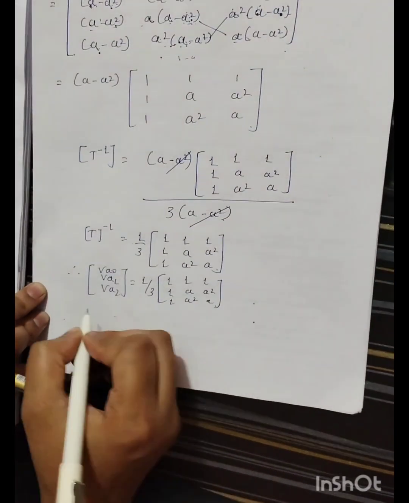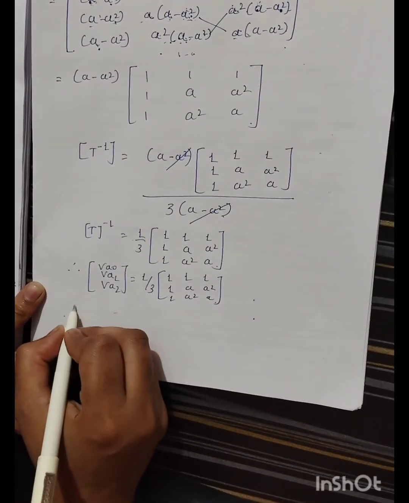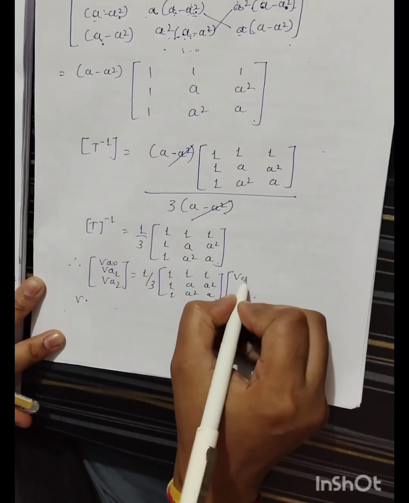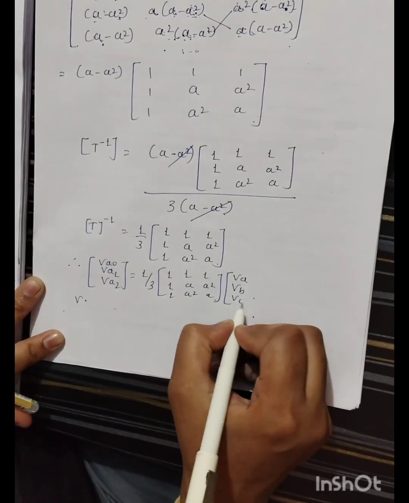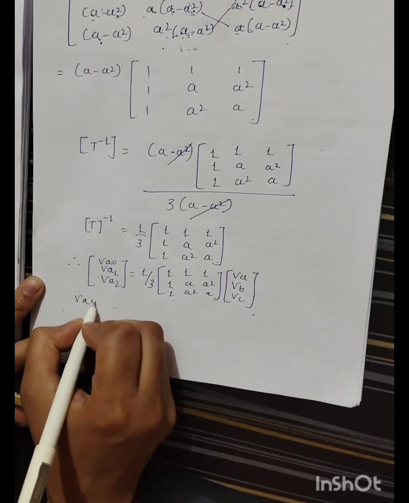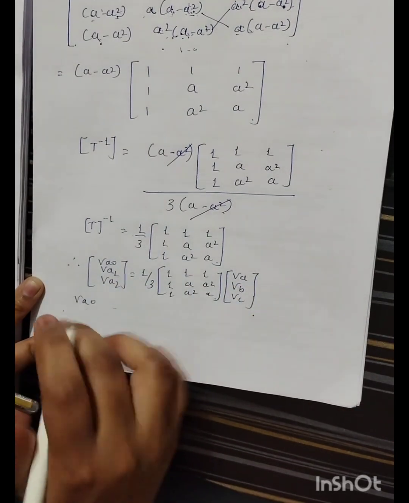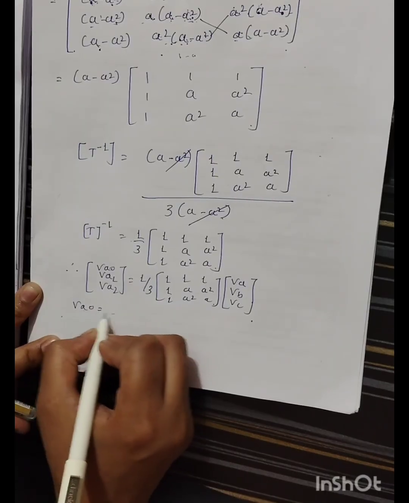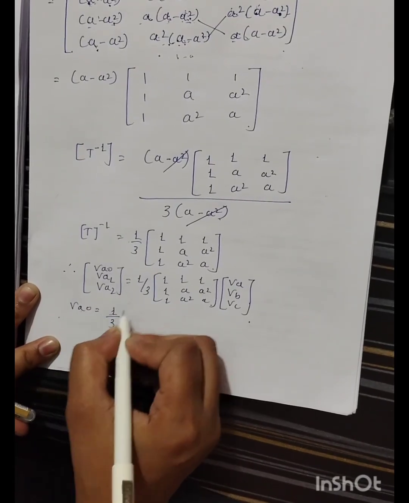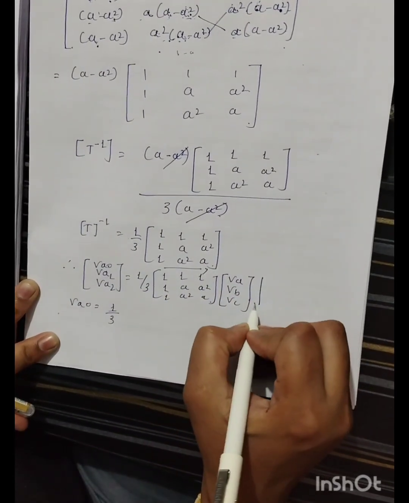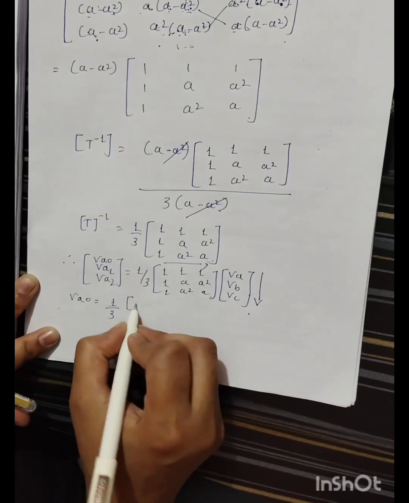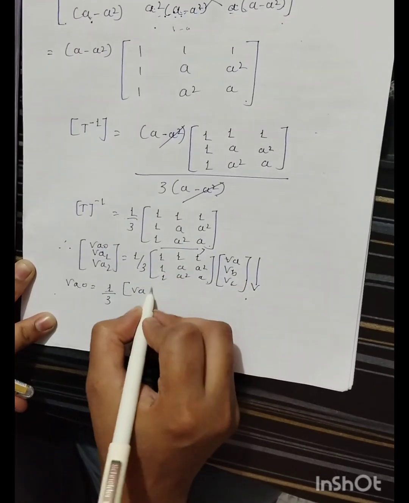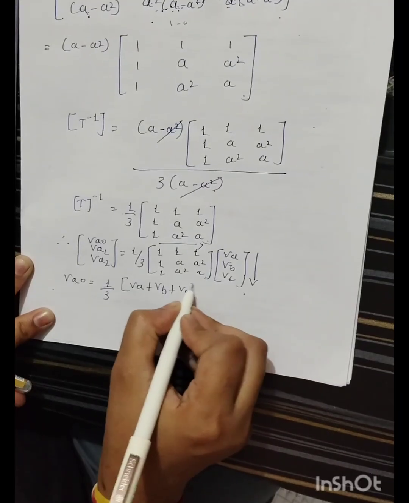If I write in the equation form, we are taking the phase voltages, that is VA, VB, VC. If you write this equation in the form of phase symmetrical components, VA0 will be given by 1 by 3 multiplying the row with this column. We will get VA into 1, VB into 1, VC into 1, that is VA plus VB plus VC.